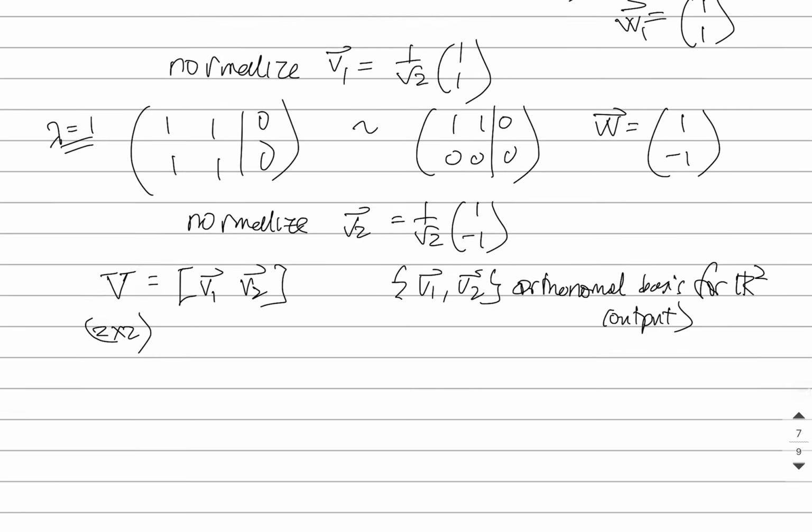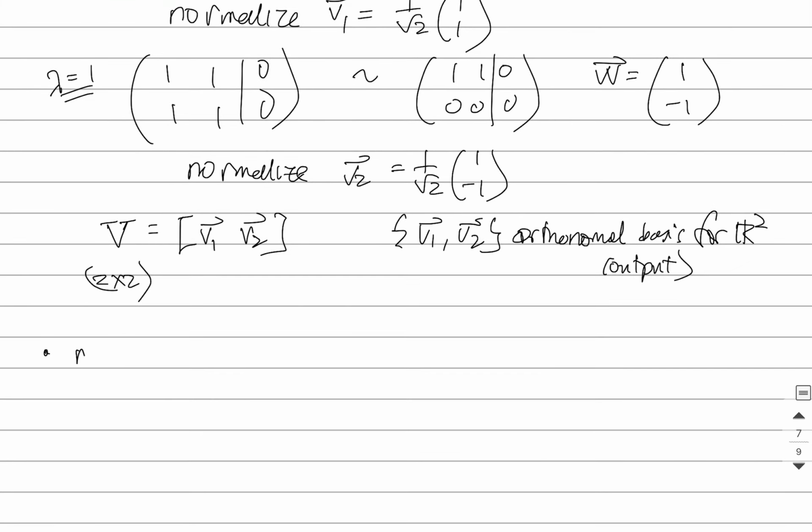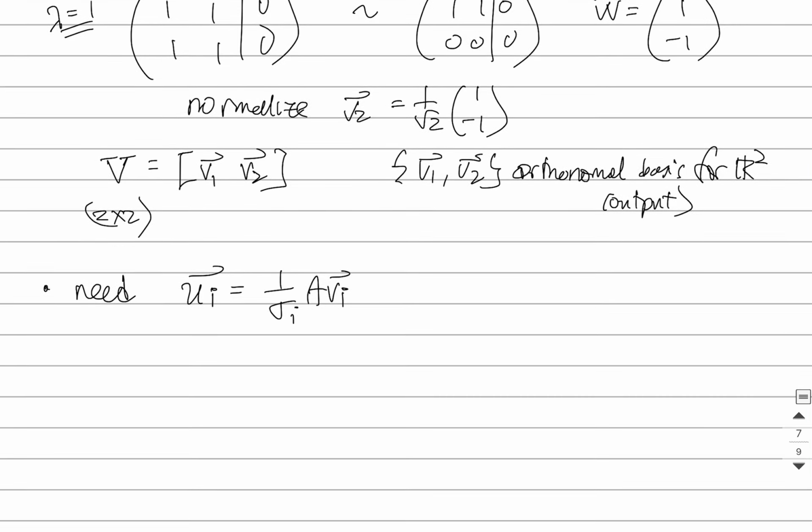Now, we need all of these U_i's, and that's going to be 1 over the singular value times A V_i. Here, each U_i you're going to see is going to live in R3. So for example, U1 is going to be 1 over sigma 1 times A V1.